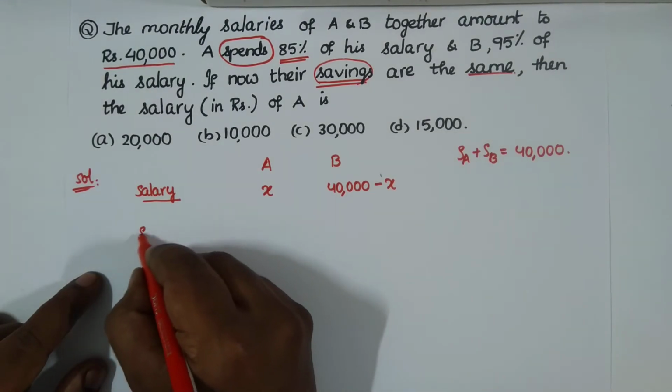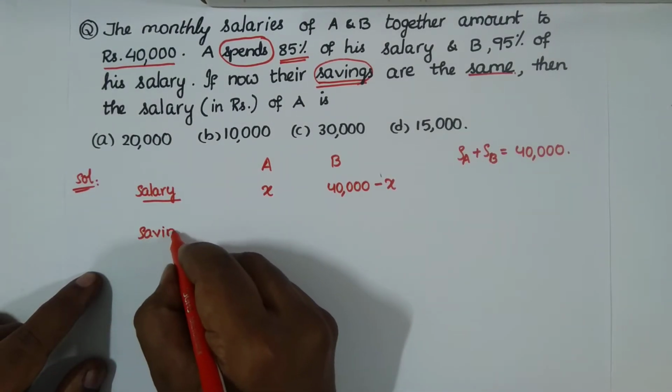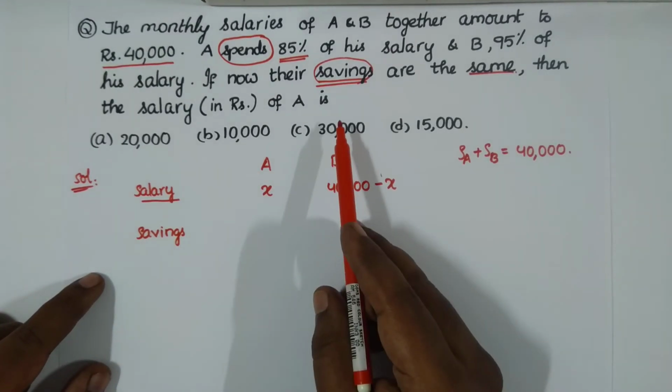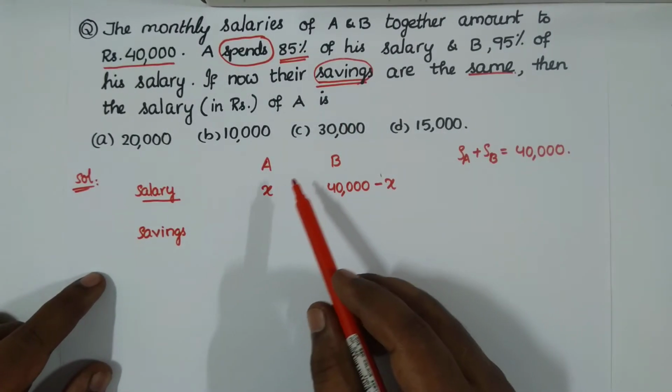The condition is, if their savings are the same, then the salary of A is.